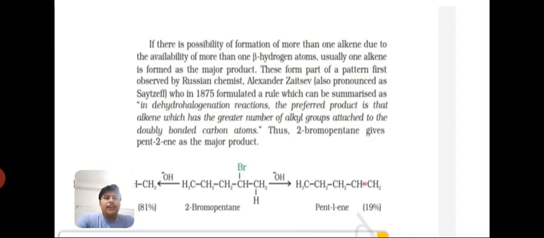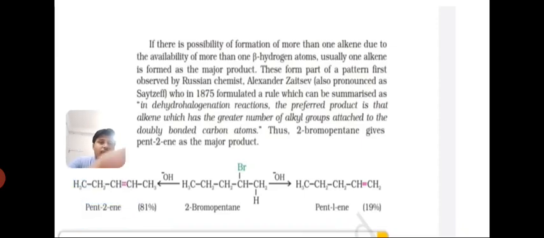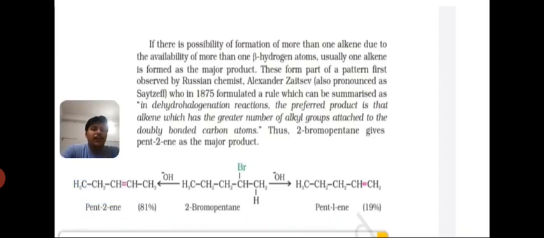the other example based on elimination reaction is, suppose we have 2 beta carbons, then what is the possibility of product? Which side are we going to give the preference? So student, if there is a possibility of 2 beta carbons, then 2 products are formed, right?